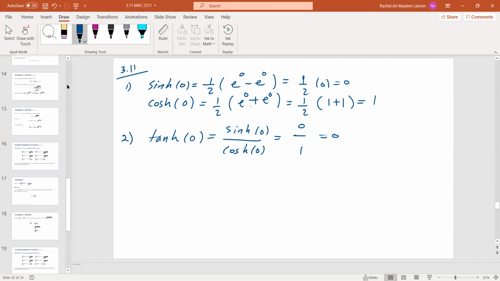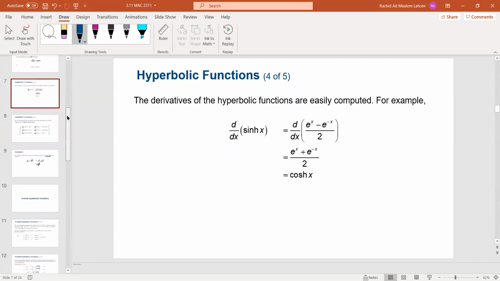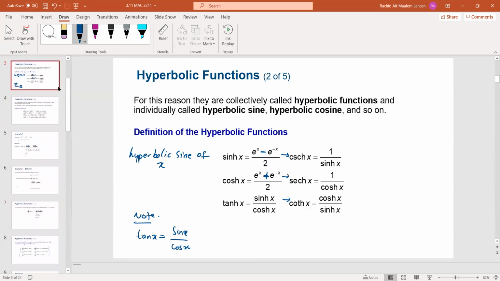If you want to simplify this formula, you can. For the hyperbolic tangent, just divide by 2, divide by e^x plus e^-x.